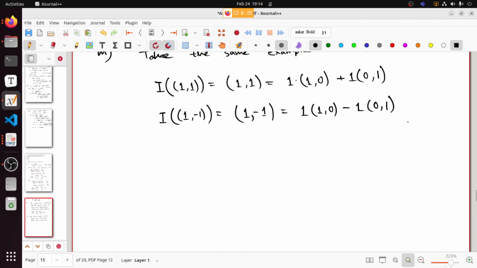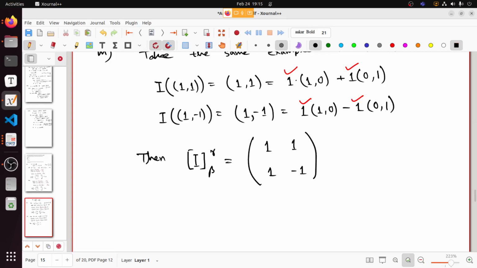So then what will I beta gamma be? The first column will be (1,1), and the next column will be (1,-1). So this is the matrix.